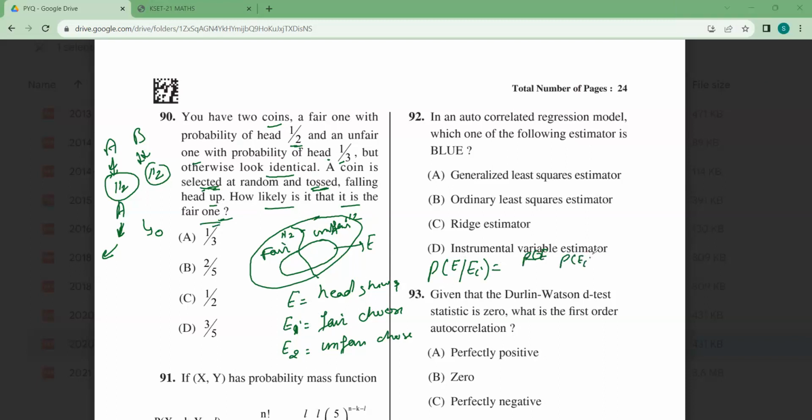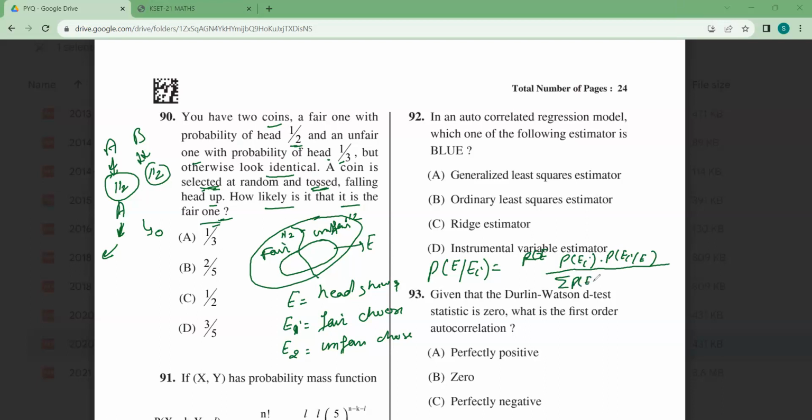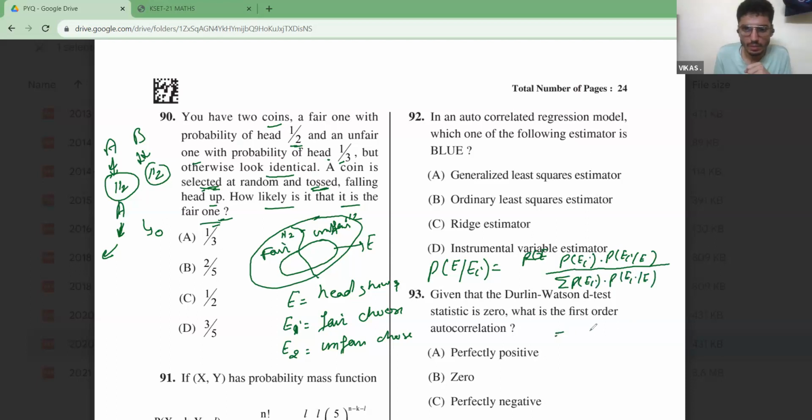So simply we know this is P of E_i intersection E. You can write it that way as well, but we have derived the formula: P of E_i given E is P of E_i times P of E given E_i, divided by the summation over i of the same.